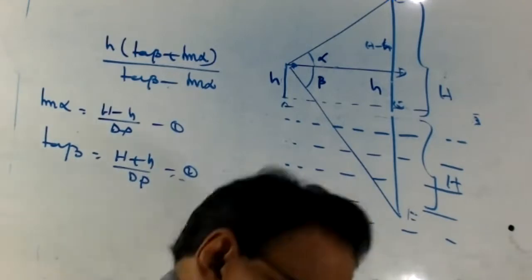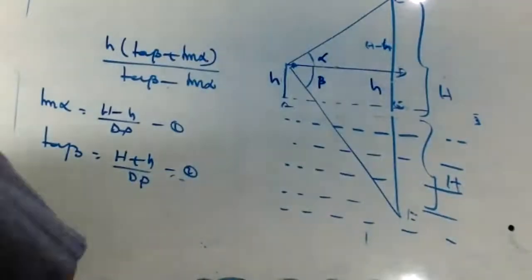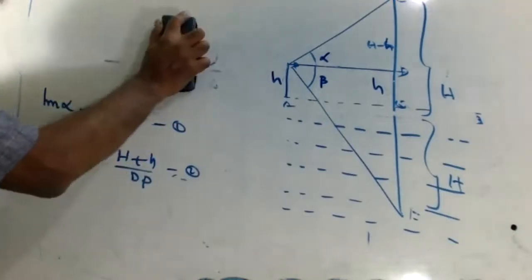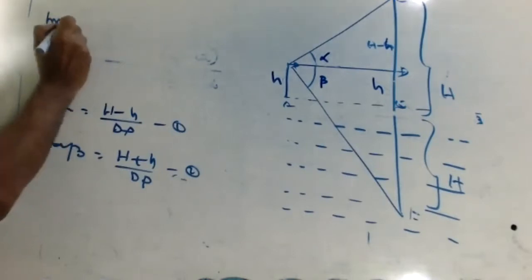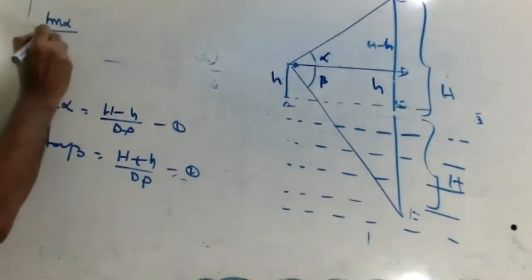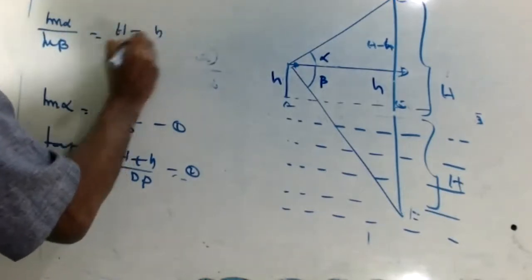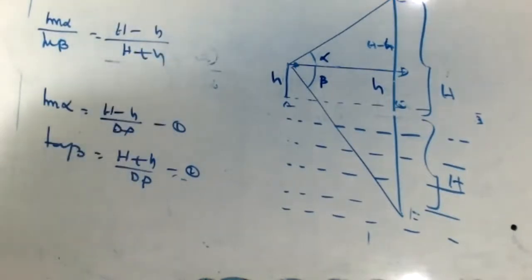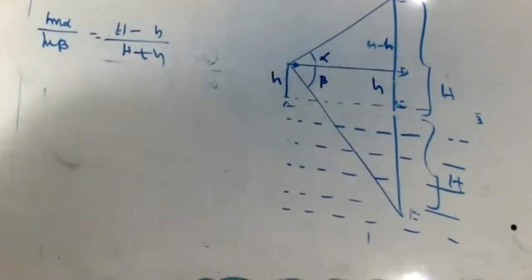Now we divide. When you divide, look. I'll write here, you can see now. Tan alpha divided by tan beta equals H minus h by H plus h. After that, cross multiply.